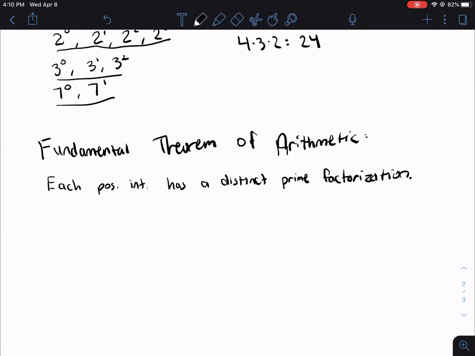And the proof of this is way beyond the level of this class. So it's something interesting to think about: why would each number have to have a distinct prime factorization? And for those that are interested, it uses strong induction, which is a technique that we're probably not going to cover in this class.